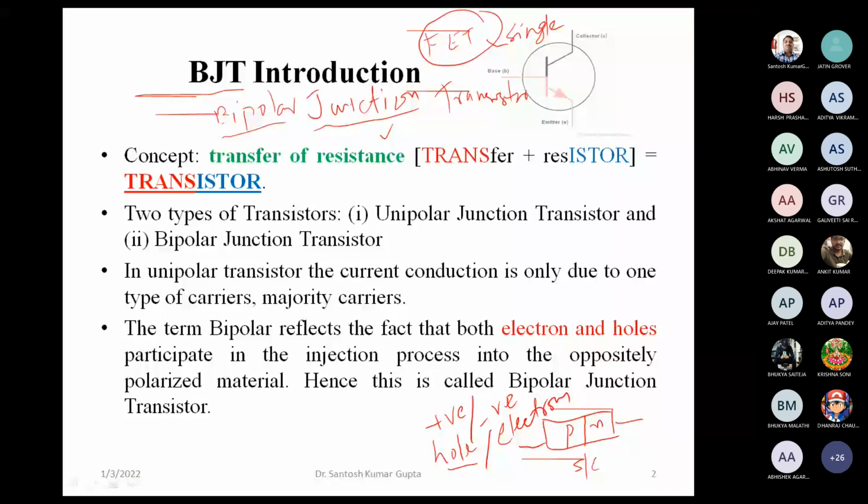The symbol of the transistor, as we can see over here, has three terminals: base, collector, and emitter. If we look at the cross-sectional view from the inside of this transistor, we will see two junctions, J1 and J2.